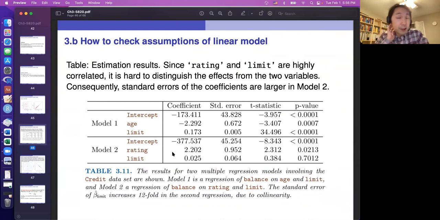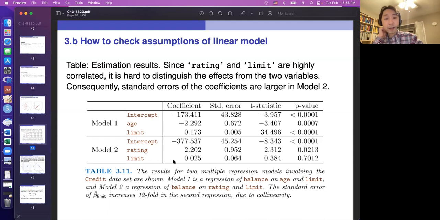For example, if you see applied papers in statistics or economics or any other fields in natural sciences or social sciences, you can only see this table. How can you tell that variance is inflated, that multi-collinearity happens?